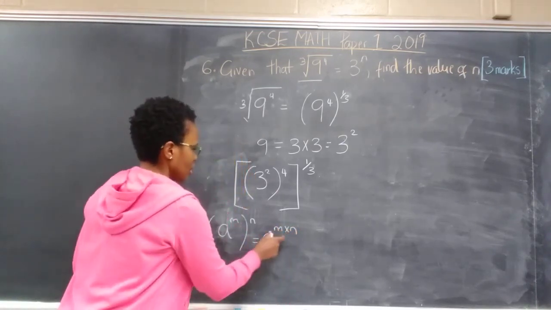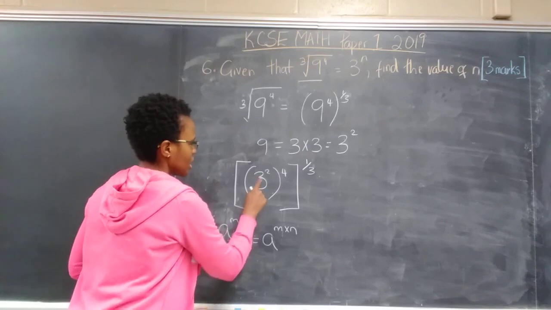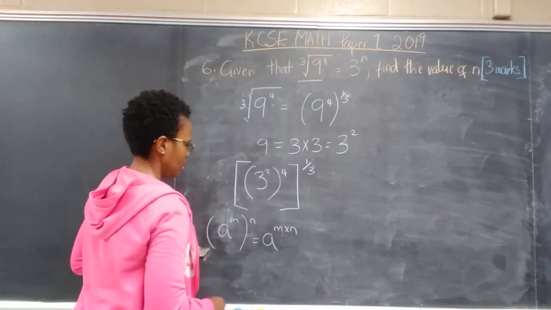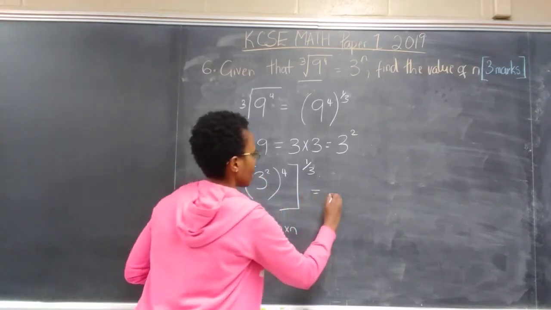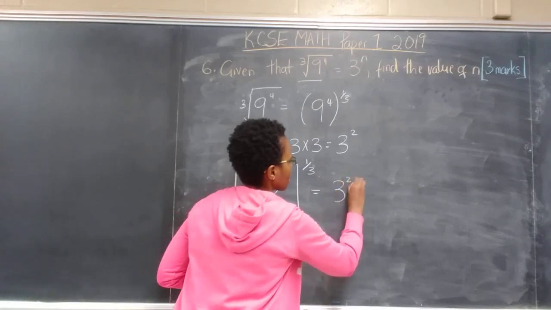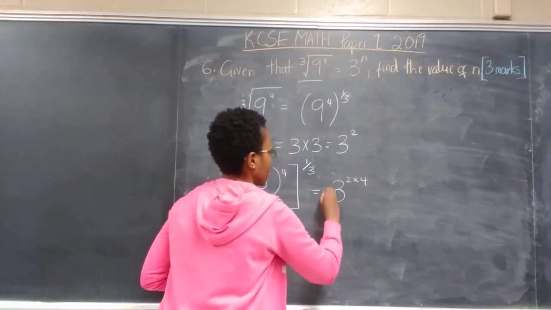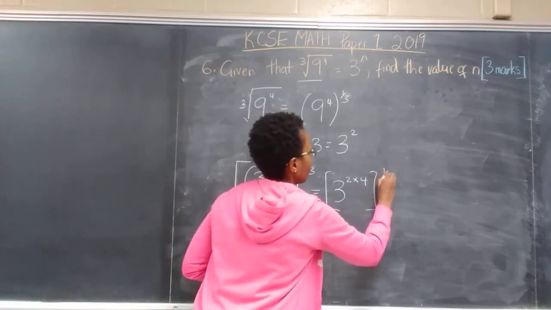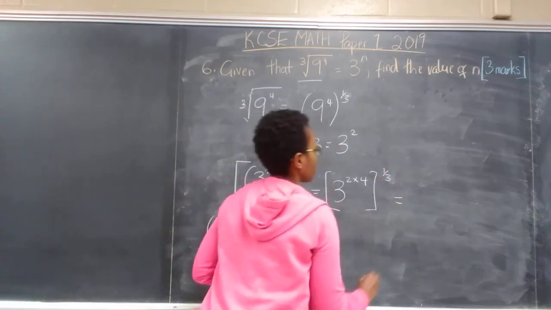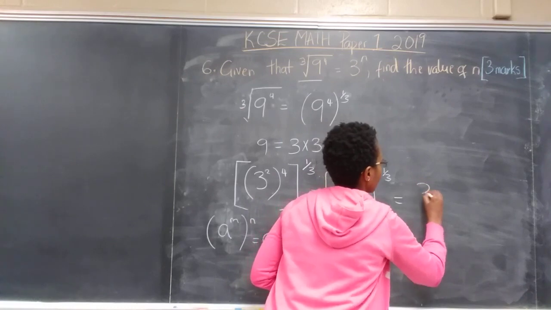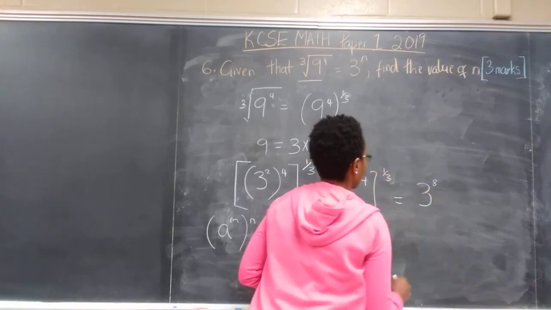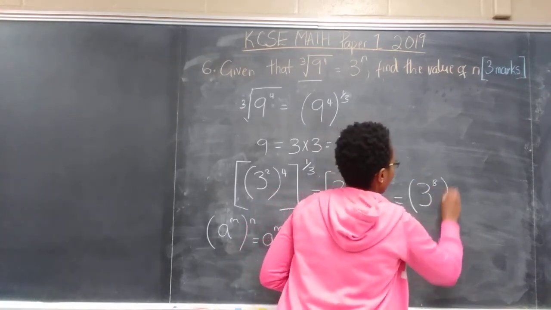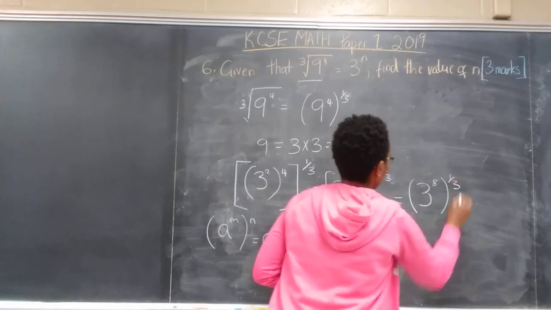So we can simply rewrite this as 3 to the power of 2 times 4, and all of that is to the power of 1 over 3. So we rewrite that again. That is 3 to the power of 8, and then that is to the power of 1 over 3.